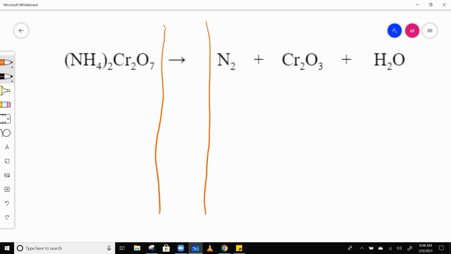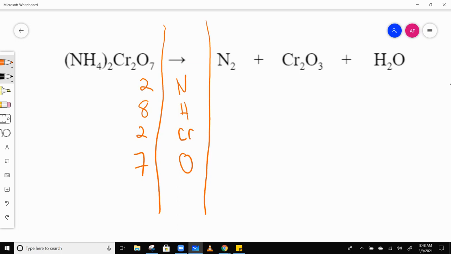So here we go. Let's do it. We have N, we have H, we have Cr, and we have O. Okay, and this one's going to be tricky. Or maybe not. Who knows? Here we have two N's. We have 8 H's. We have 2 chromiums, and we have 7 oxygens.